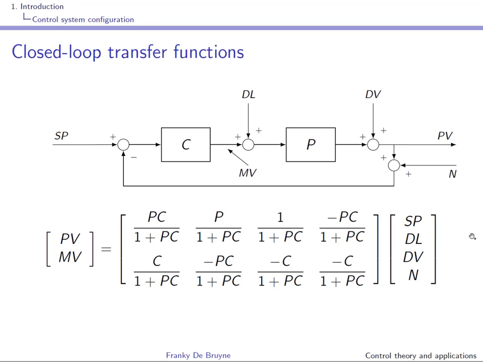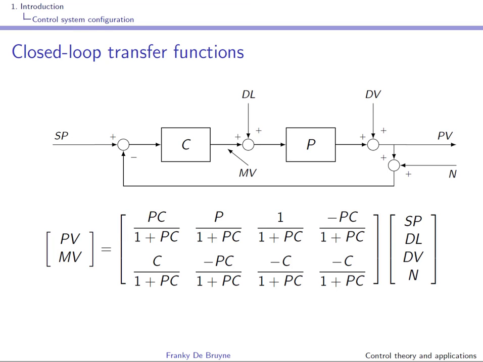So what we can do now is compute the closed loop transfer functions. Notice that this system has two outputs. The first one is PV, the second one is MV, the output of the controller, and the system has four inputs: the set point, the load disturbance, the output disturbance, and the measurement noise.